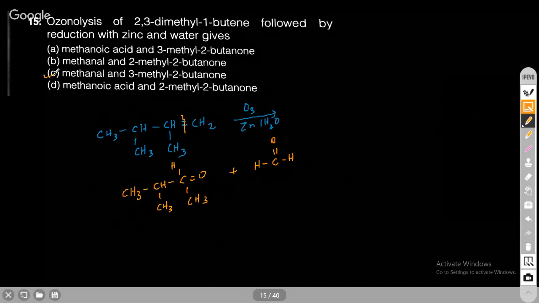So option C is correct. All of you have got the right answer. Yeah, option C is correct. Next question.